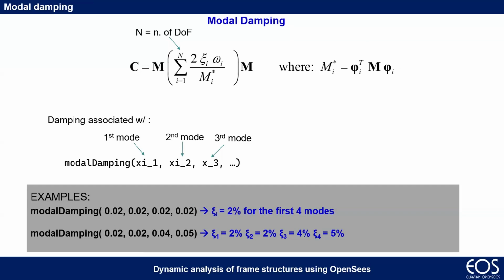Where mi star is just the modal mass. Okay, the theory is that it's just the sum of all the modes of your structure. For all the frequencies of your structure, you define a damping value, again related to the critical damping ratio, and use the modal mass.